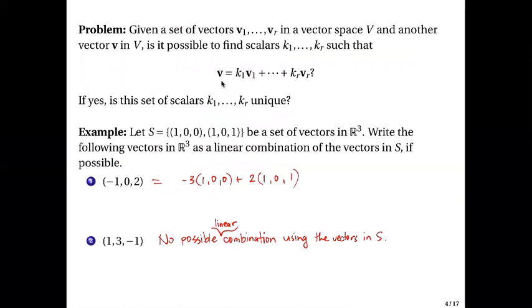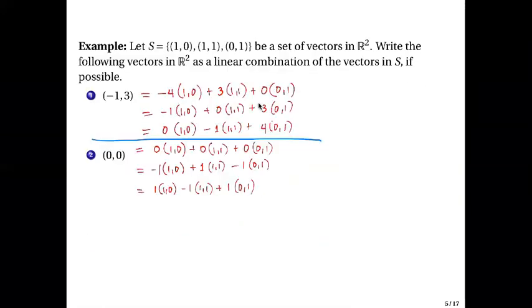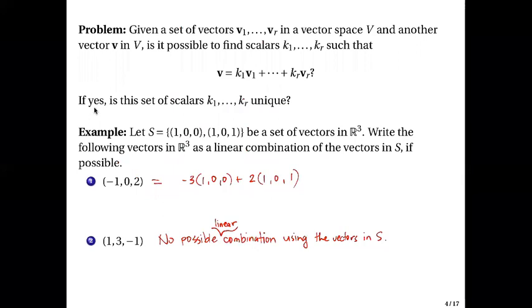Okay, answer is yes, and the set of scalars is unique. The answer is yes, but the set of scalars is not unique, just like in these cases. And then we answer no, just like this case here. Okay?